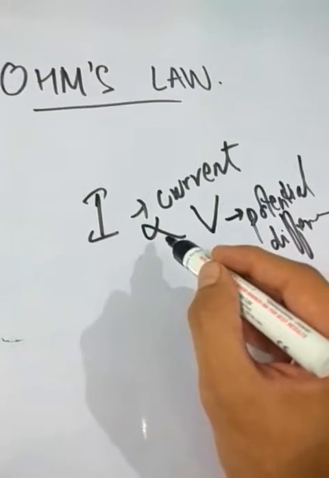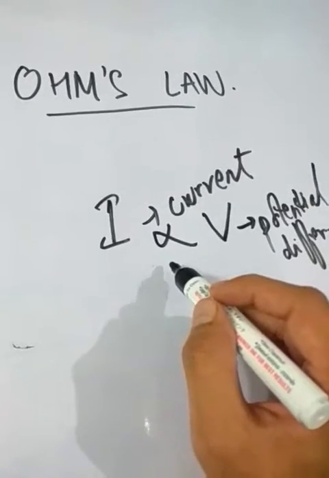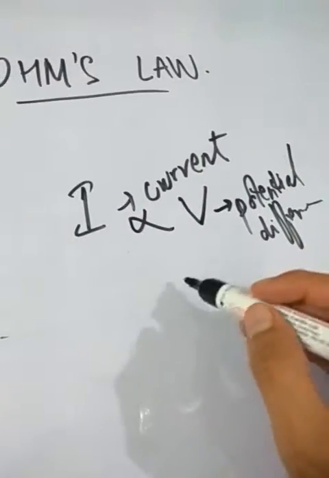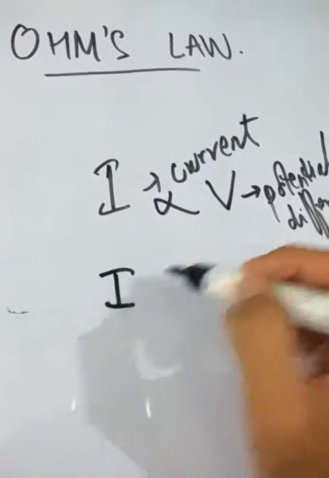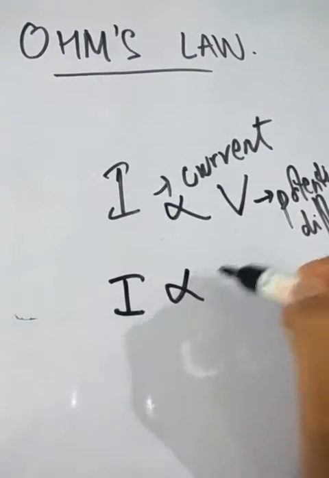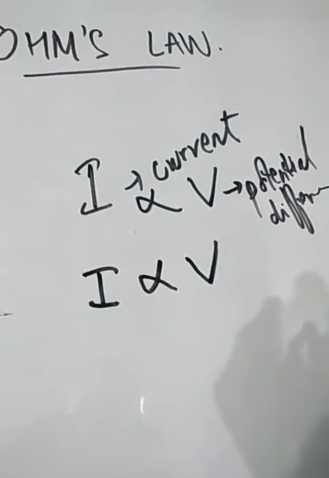Basically, this is the sign of proportionality. That's it. The law states that the current I is directly proportional to the potential difference V across its ends.